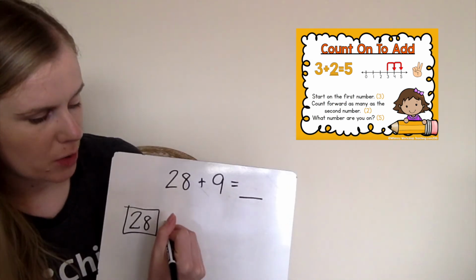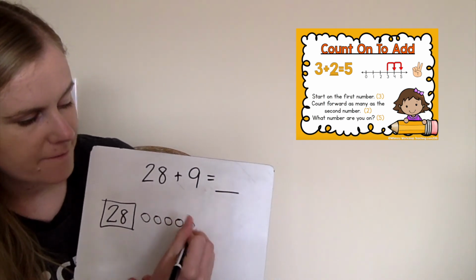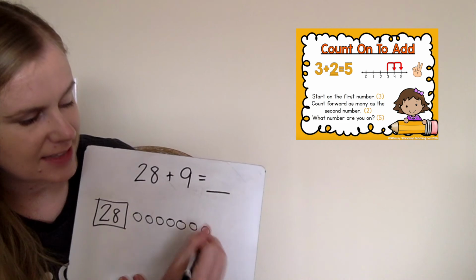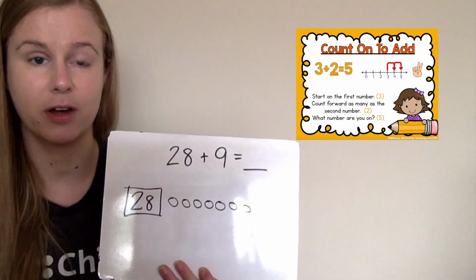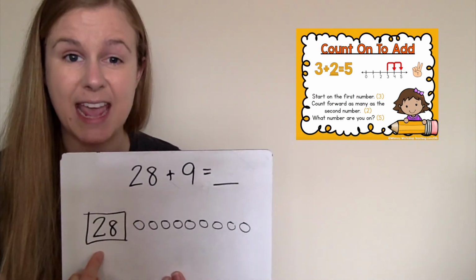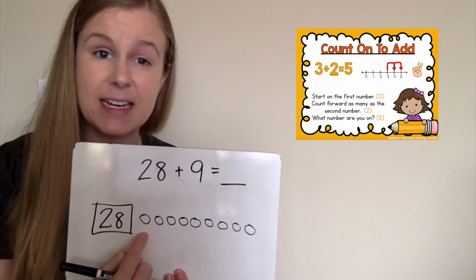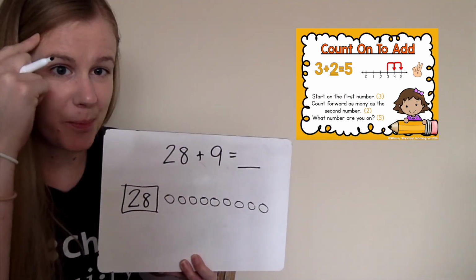Ready, go. 1, 2, 3, 4, 5, 6, 7, 8, 9. Now we've shown the second part. But remember, when we count on, we keep going. So we have to think 28. The next number is 29. So now let's count on. Think 28 in your brain.